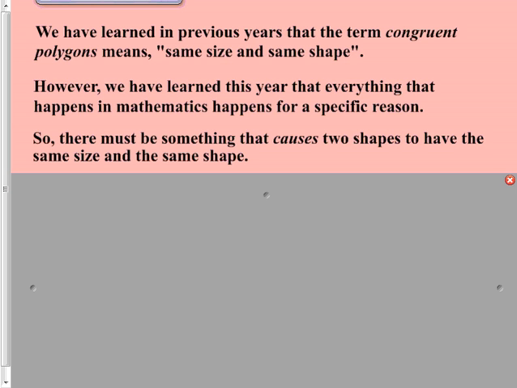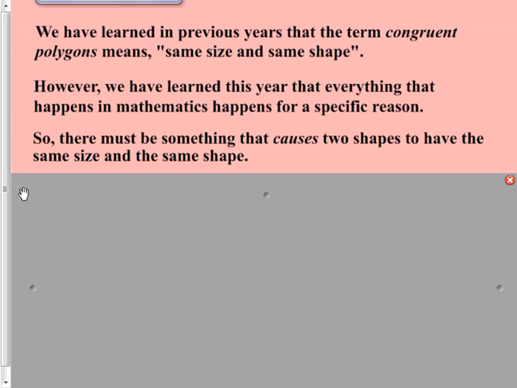There must be specific reasons that two polygons would be the same size, and something that must happen in order for two polygons to be the same shape. And just like anything else this year, you cannot simply eyeball it and say that you can tell that they're going to be the same size and same shape. That's simply not good enough.